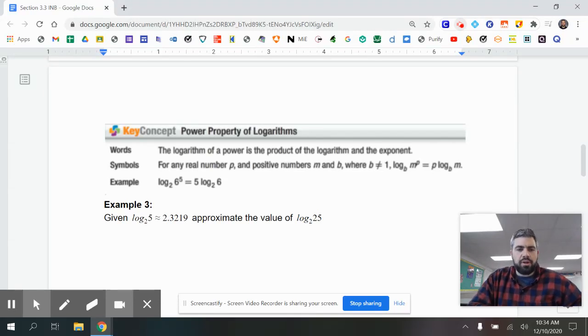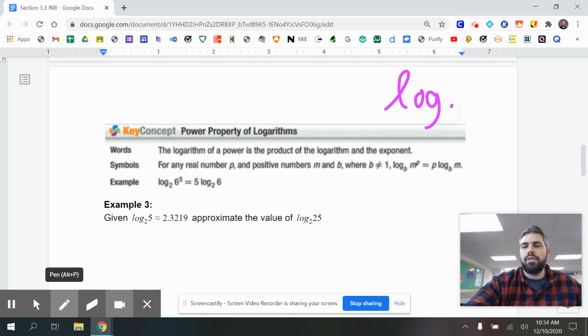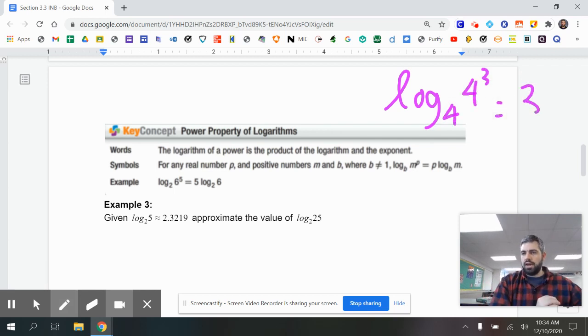So the next and final property of logarithms that we're going to look at is talking about some log of a power. We know from an earlier video that log base 4 of 4 cubed is really just equal to 3. But why is that? It's because of this property right here.